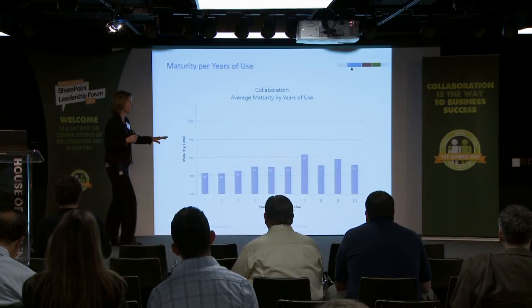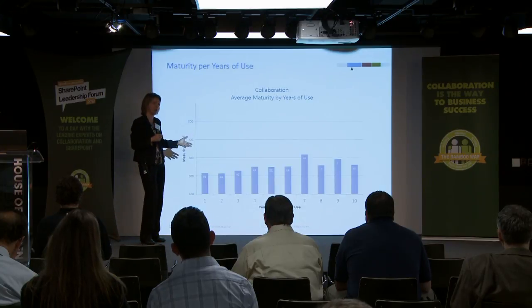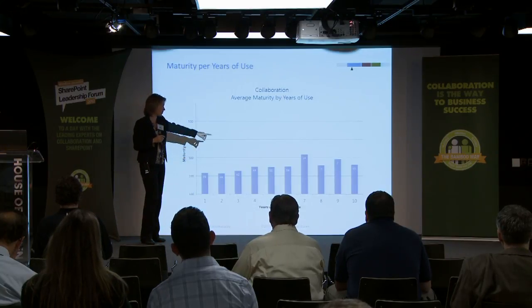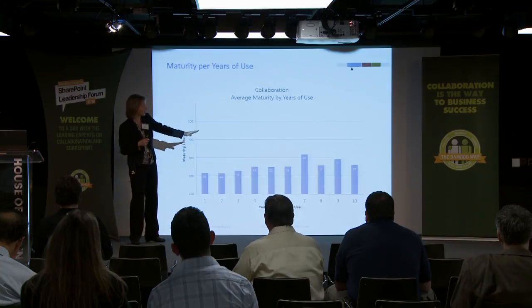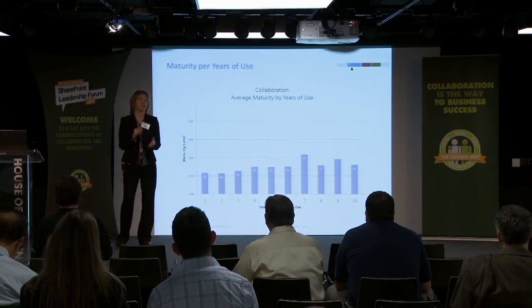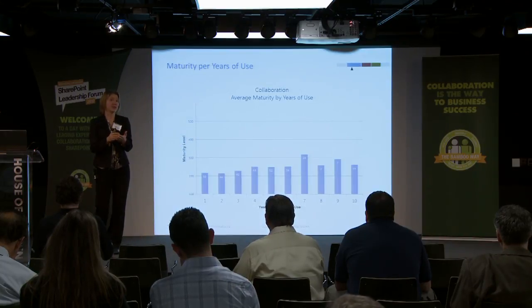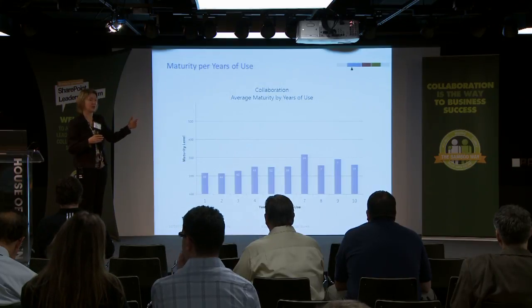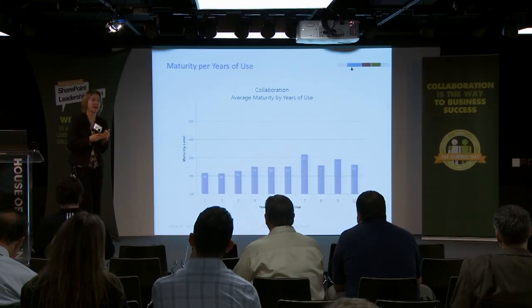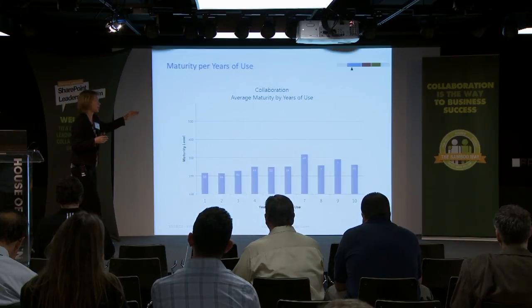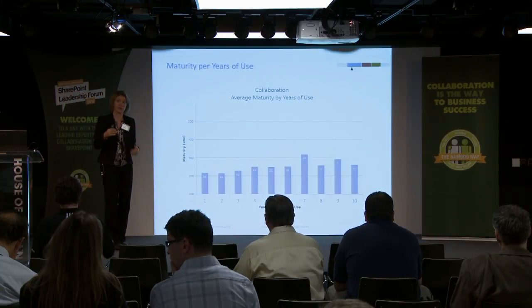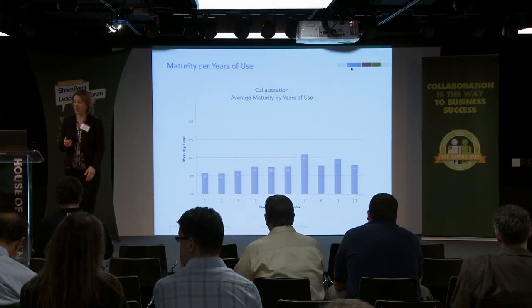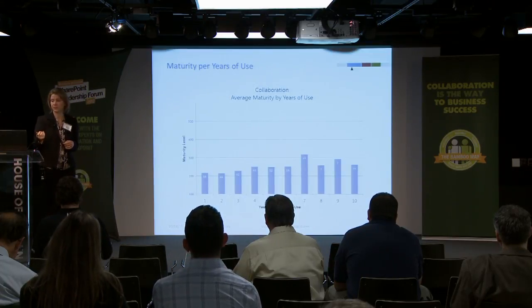I think most people who are jumping on this or have started using the product more recently, there's just a greater number. So that might account for the spike. But you can see the key message here, really pretty low maturity overall, even after 7, 10 years of using the product. So I think the good news is there's a lot more potential, and there's a lot more that folks can do to really maximize what they're doing with the product.